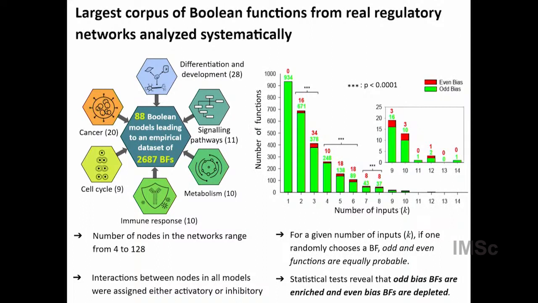And the first thing you observe is that most of them are odd biased functions. That is, the number of ones in the output column of the truth table for each of these functions is an odd number, which is actually surprising. If functions were chosen randomly, then you would expect an equal number of evens and odds, but this is otherwise.